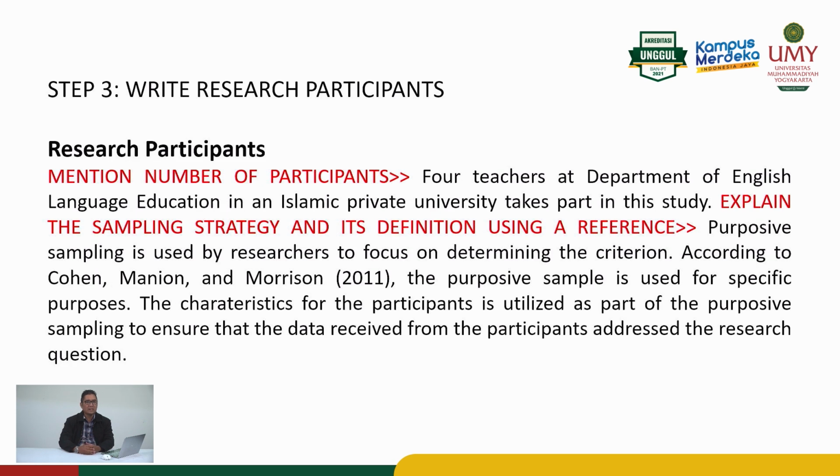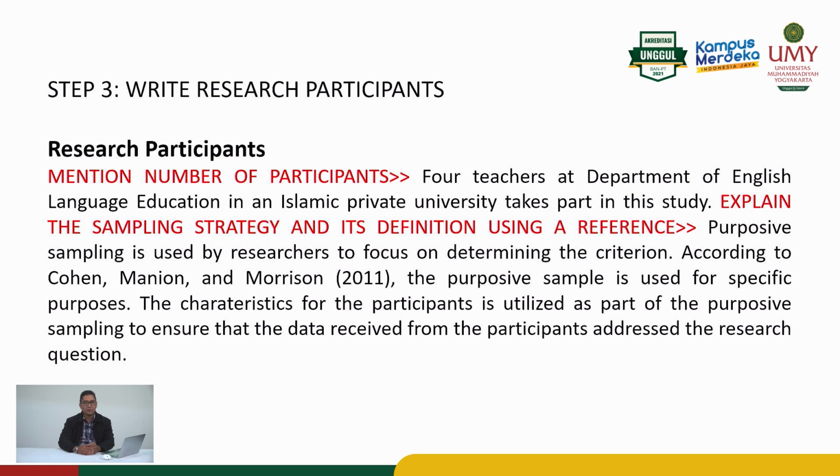Step 3 is to write the research participants. First, you need to mention the number of participants. For example, four teachers at the Department of English Language Education in an Islamic private university take part in the study. Then explain the sampling strategy and its definition using a reference.